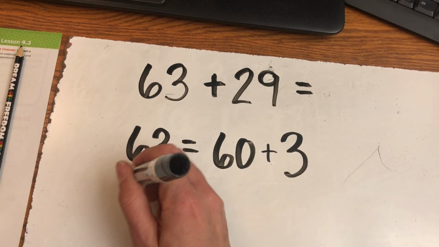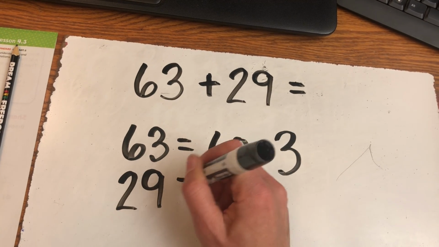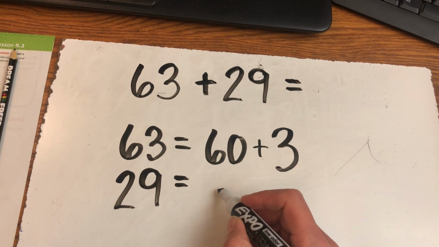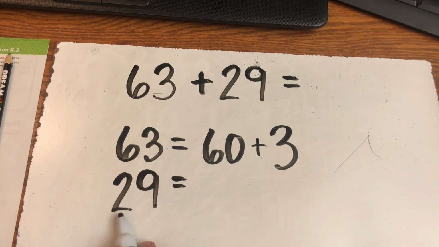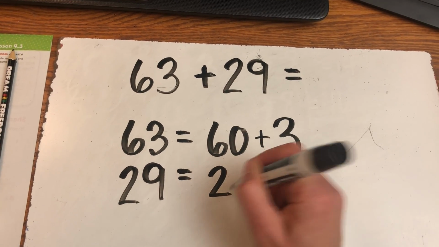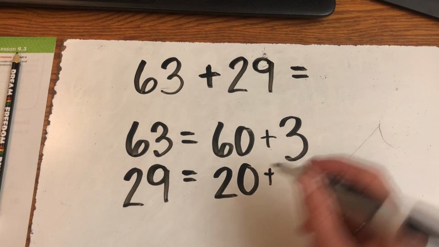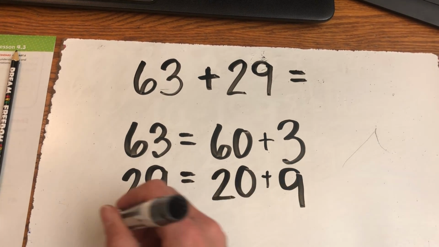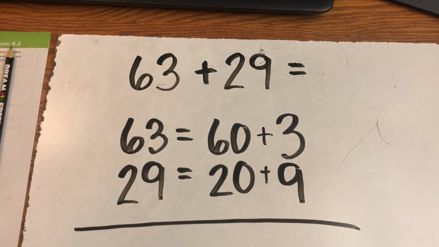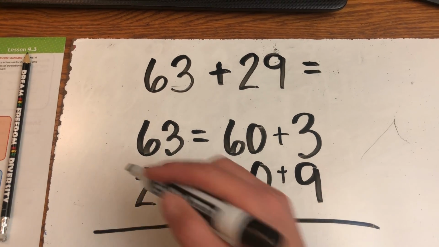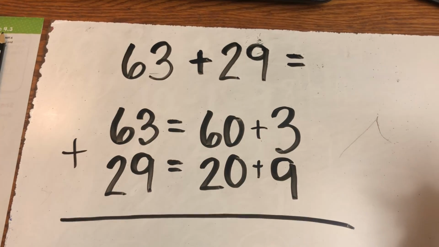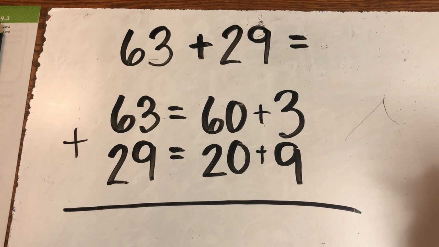Now 29 equals how many tens? 2 tens, which is 20, plus how many ones? 9. Let's do a big line under that. We're going to be adding. Got it? Okay.